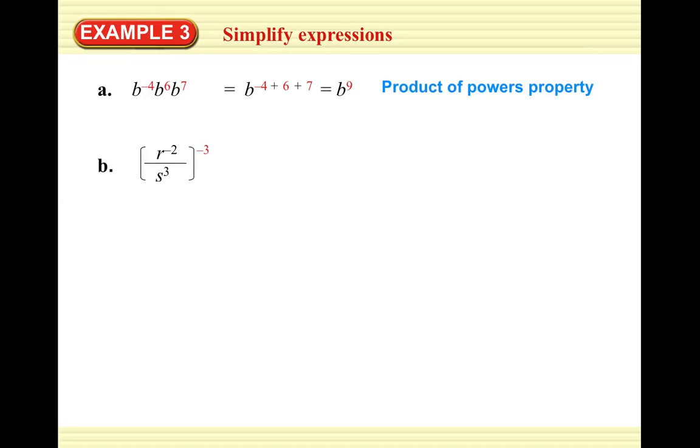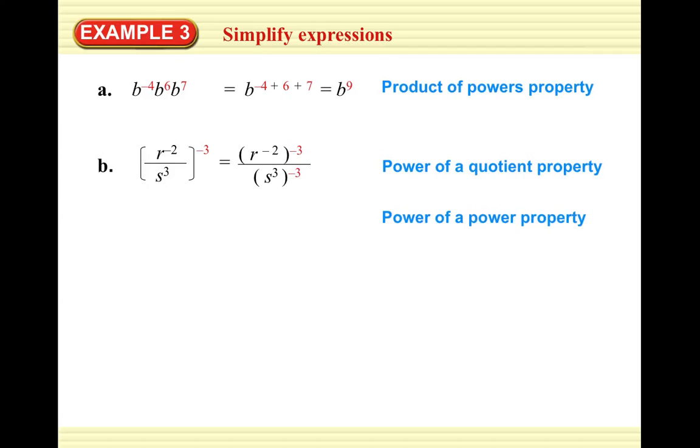If I have r to the -2 over s to the 3rd, and then all of that is raised to the -3 power, first thing I'm going to do is distribute that -3 to both the numerator and the denominator. Then I'm going to use my power of a power property and multiply those exponents together.